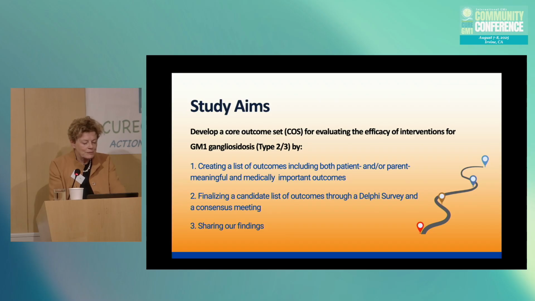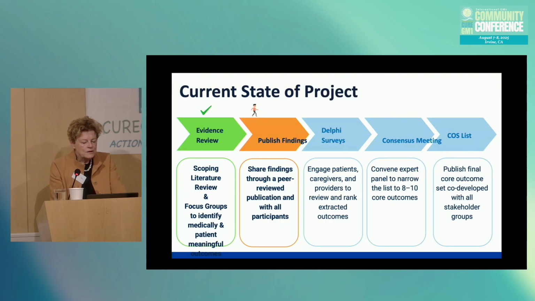And the first step is that we're sharing our findings here, and also of course appreciate that some of you participated in this study. So this is the timeline of our project.